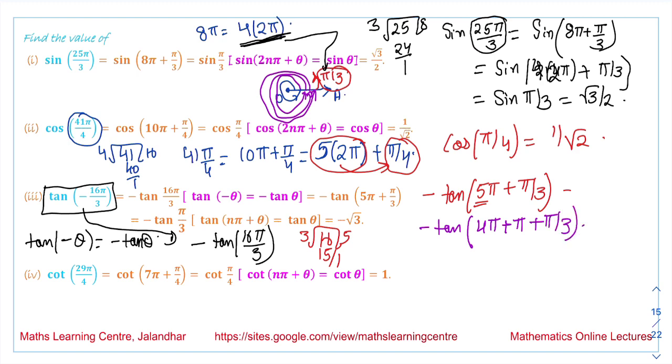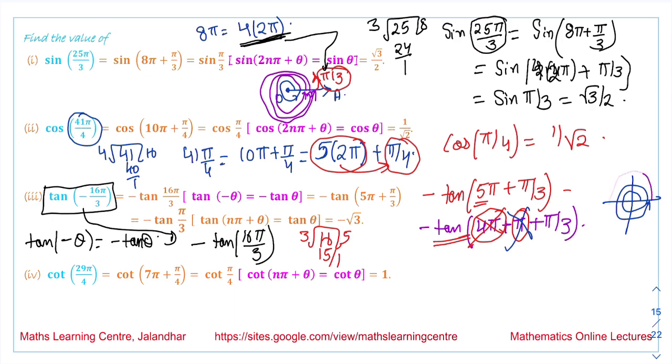What does this 4 pi mean? 4 complete rotations. What does this pi mean? When we are talking about tan, its period is pi. So this pi is also gone. Now when we look at the quadrant over here, we have made 2 complete rotations.